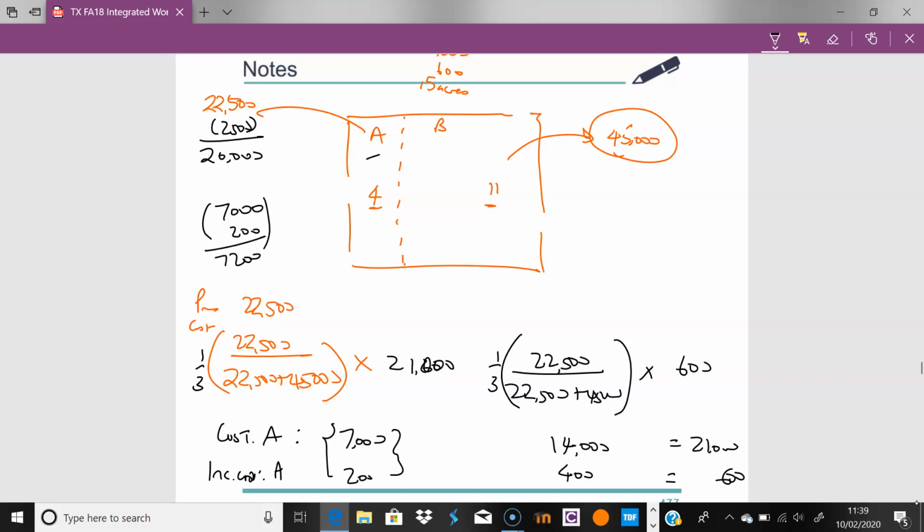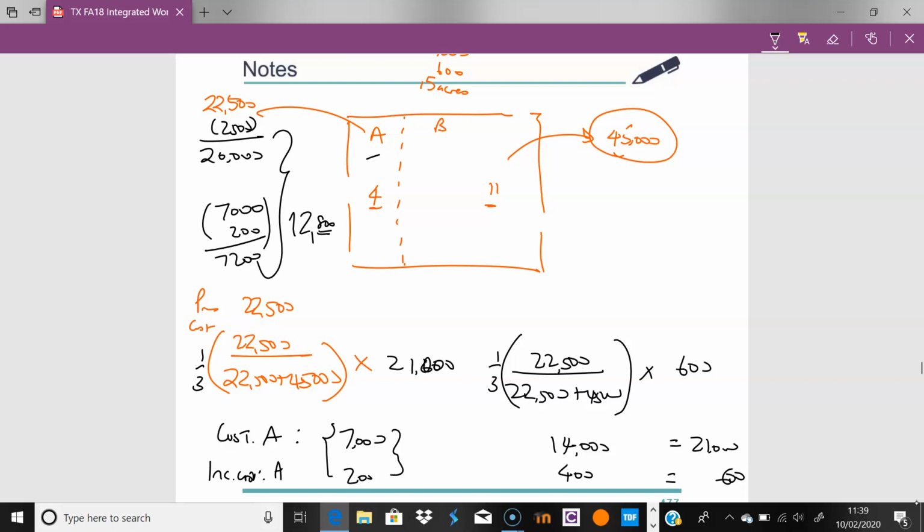So 20,000 minus 7,200 gives you an overall gain of 12,800. That's the gain on the selling of this piece of land here.